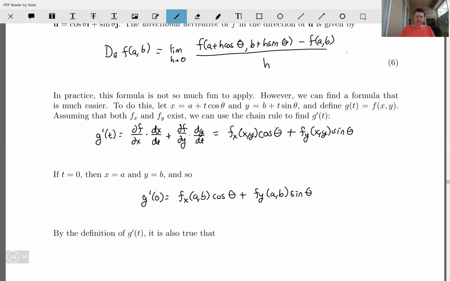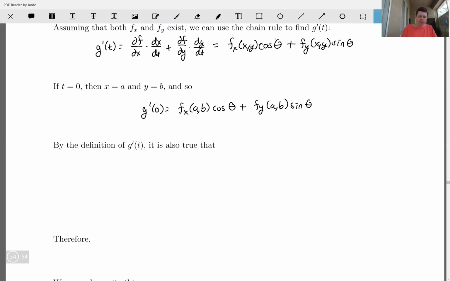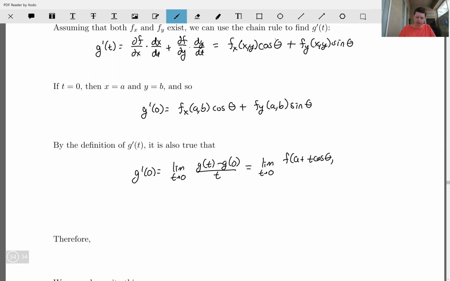But by definition of g prime, we also know that g prime of 0 is the limit as t goes to 0 of g of t minus g of 0, over t. Plugging in what g of t is, that's f of (a plus t cosine theta, b plus t sine theta), minus f evaluated at (a, b), all over t.